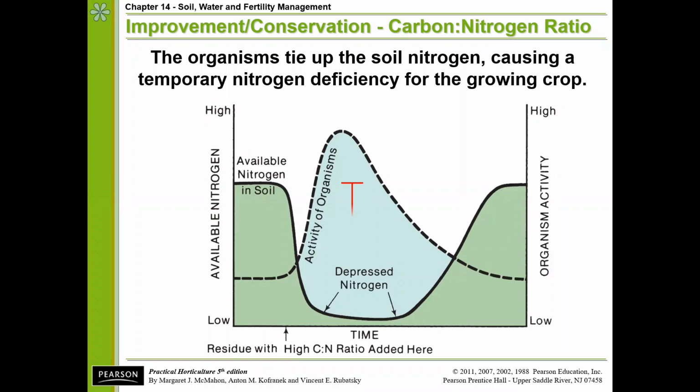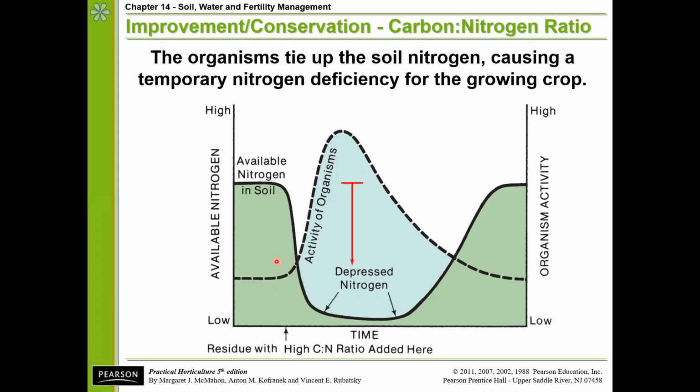On that note, we need to get back here to soil, water, and fertility management because we've got a lot to cover. Hopefully we'll finish this chapter today. So we were just talking about the biological part of soil and how it's very important to understand that the soil is alive and the activity of the organisms does affect the availability, particularly of things like nitrogen and phosphorus in the soil.